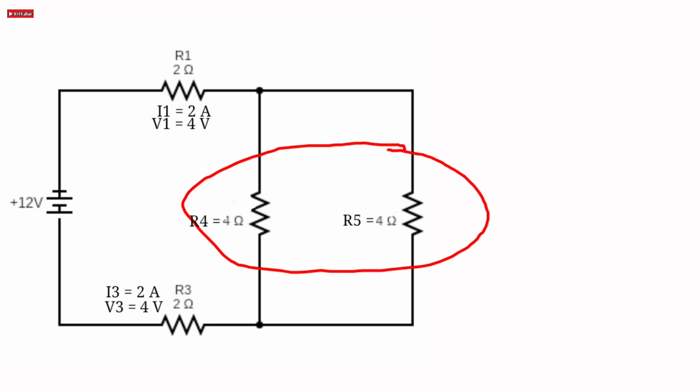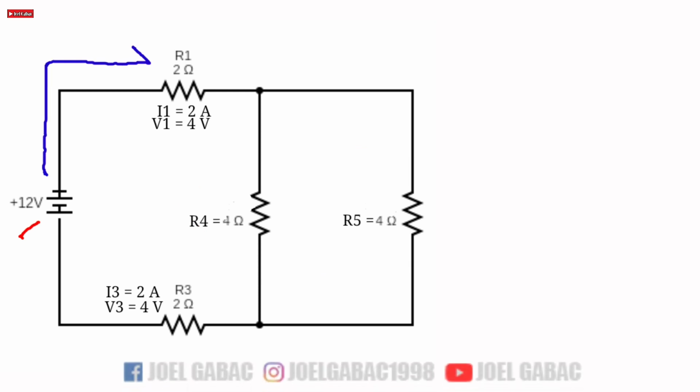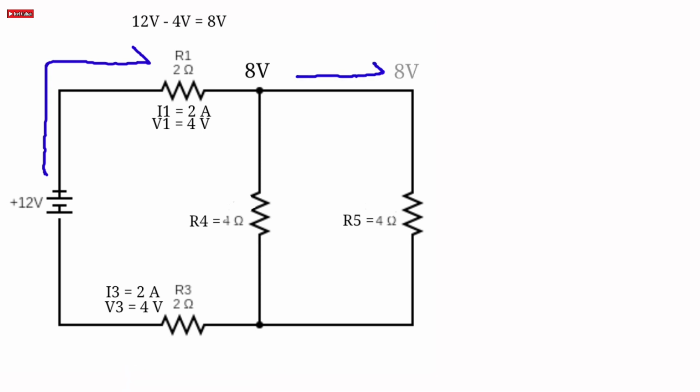We know that the voltage leaving our battery is 12 volts, and once we go across R1, there is a 4 volt drop. So 12 minus 4 is equal to 8 volts. The voltage after R1 is 8 volts, which means the voltage over here is also 8 volts because we haven't crossed any resistors.